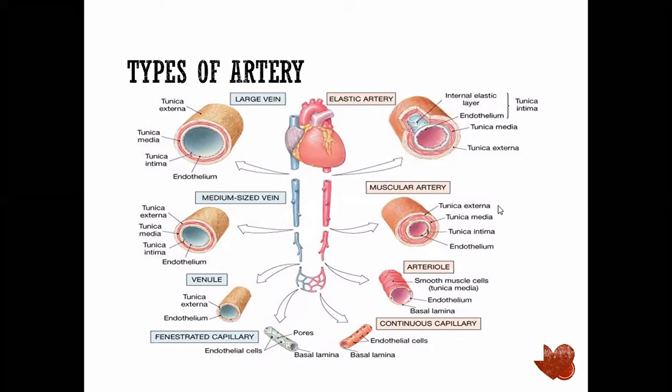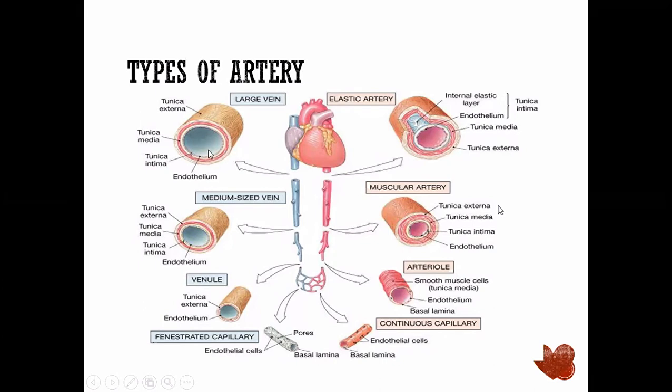So here, take note that in the large veins you have your tunica externa and tunica media, and the lining would be the same endothelial lining or endothelium. The same here, endothelium. But you will take note that tunica media is really thick here.